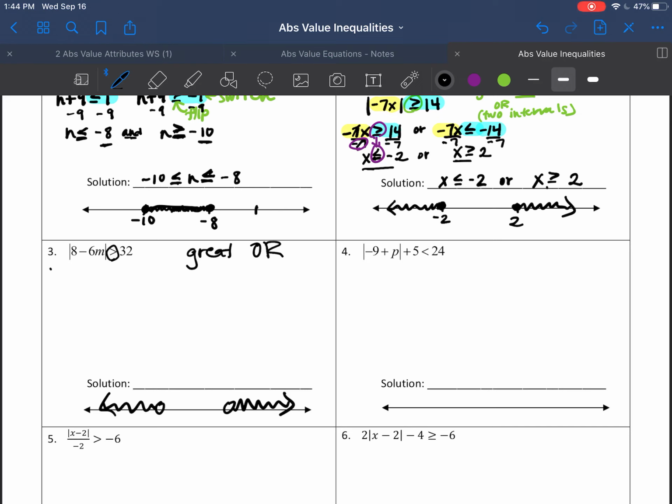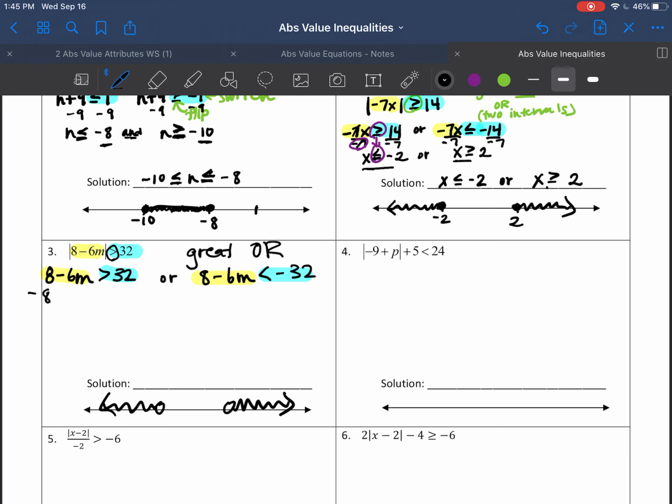To write our cases, we have 8 minus 6m is greater than 32, or 8 minus 6m, flip it, switch it. Notice I'm not writing any bars in these cases. You don't want to keep the bars on.